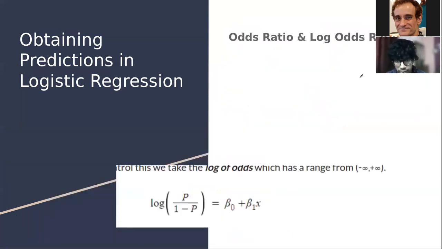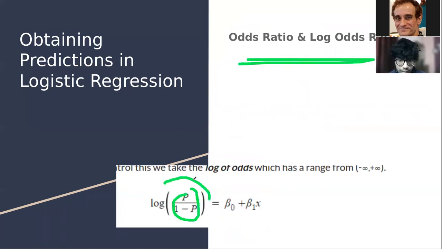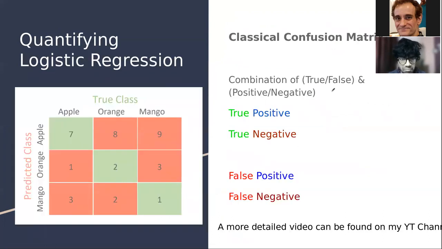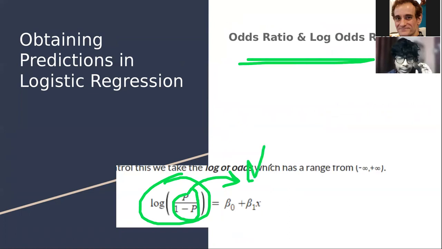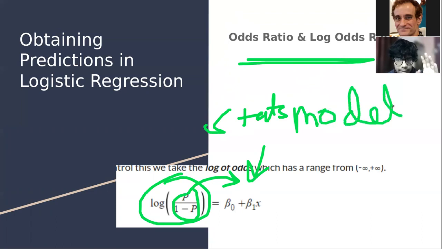Odds ratio and log odds ratio, I think this must be clear by now. This is the odds ratio, this is the log of the ratio, this is the probability value. Now, once you have obtained your classification results, these are the things you would be dealing with in statsmodels, not scikit-learn. These are something you will be dealing with in statsmodels.